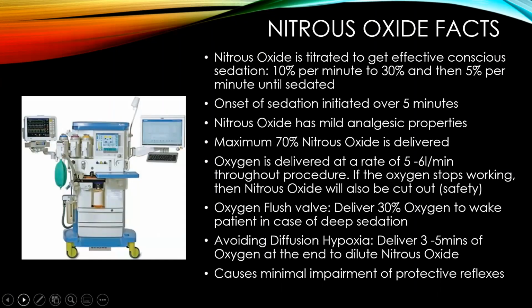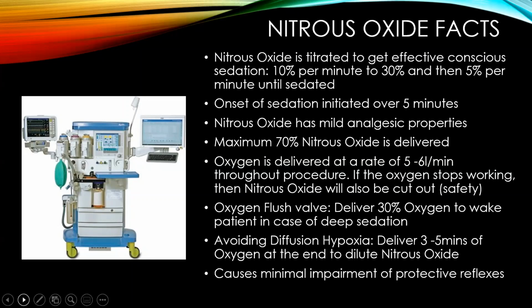I have listed some important facts about nitrous oxide for sedation. It is important to note that a maximum of 70% of nitrous oxide is delivered. Nitrous oxide is titrated to get effective conscious sedation being 10% per minute to 30%, and then 5% per minute until the patient is sedated.